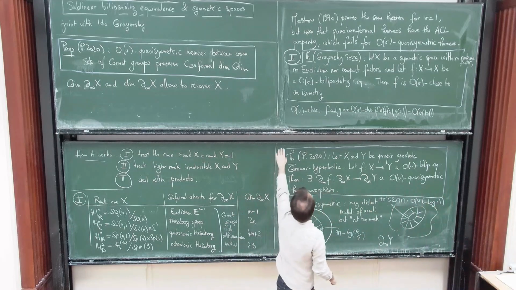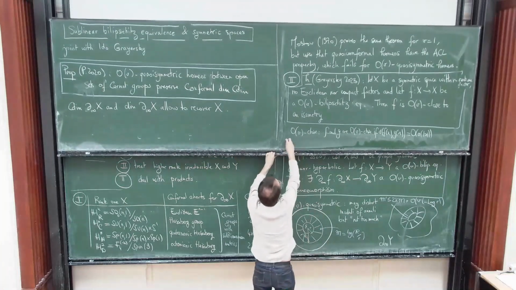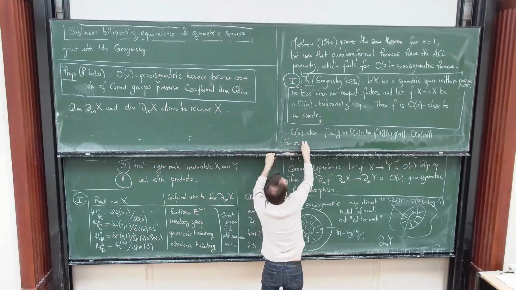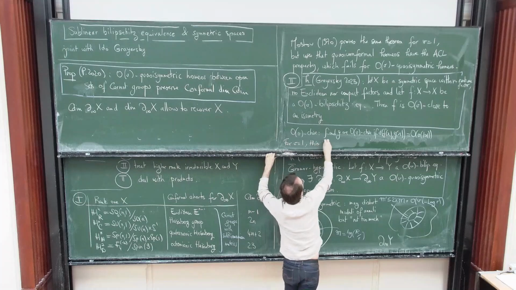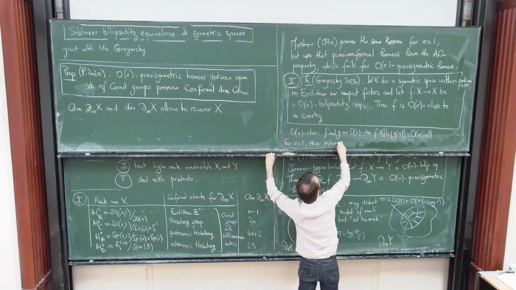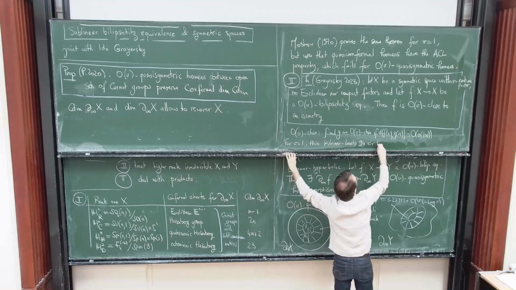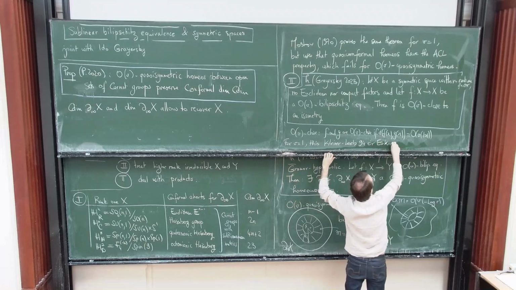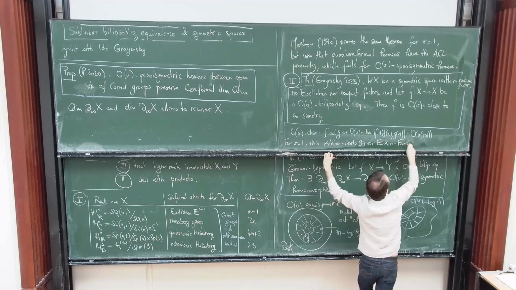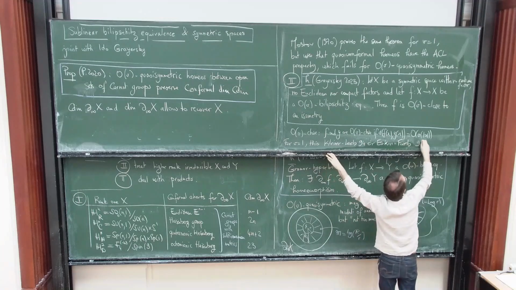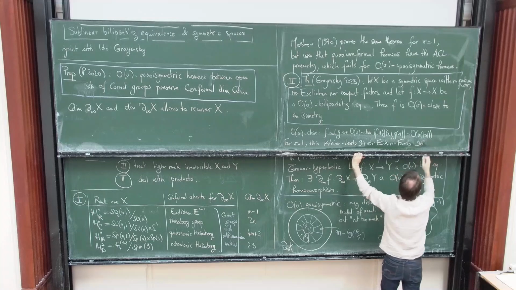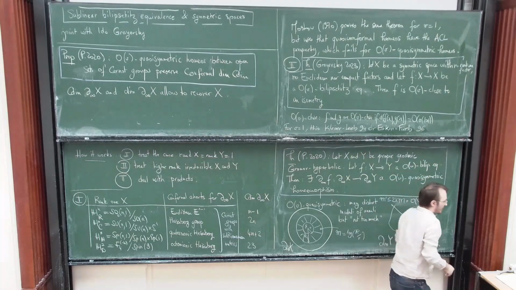But I should nevertheless say that for V equal 1, this is Kleiner-Leeb, '94 or '96, something like that.